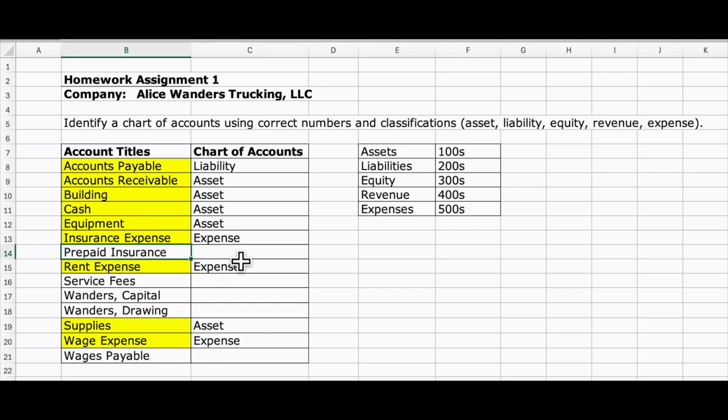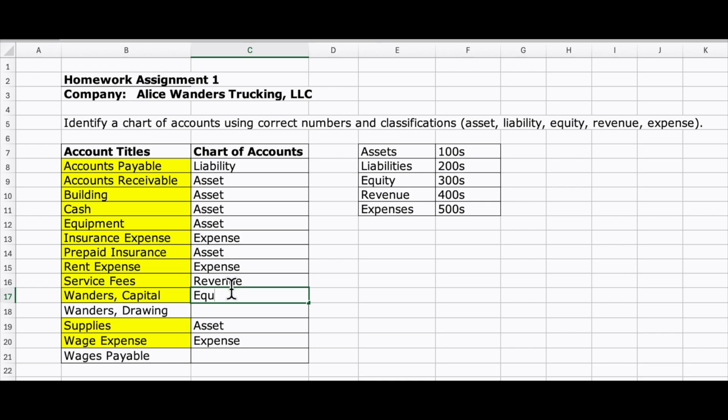All right, prepaid insurance is actually insurance you've bought in advance, like kind of in a bundle you've paid for in advance, and that's actually an asset. Service fees here is fees that Alice Wanders charges other companies. So when it comes in, it's revenue. So this classification for service fees is going to be revenues. Now, Alice Wanders Capital is like when Alice is putting money into the company.